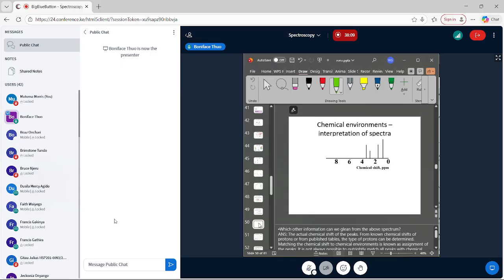So if you look at the spectrum, besides the number of peaks, you also get information on chemical shift.